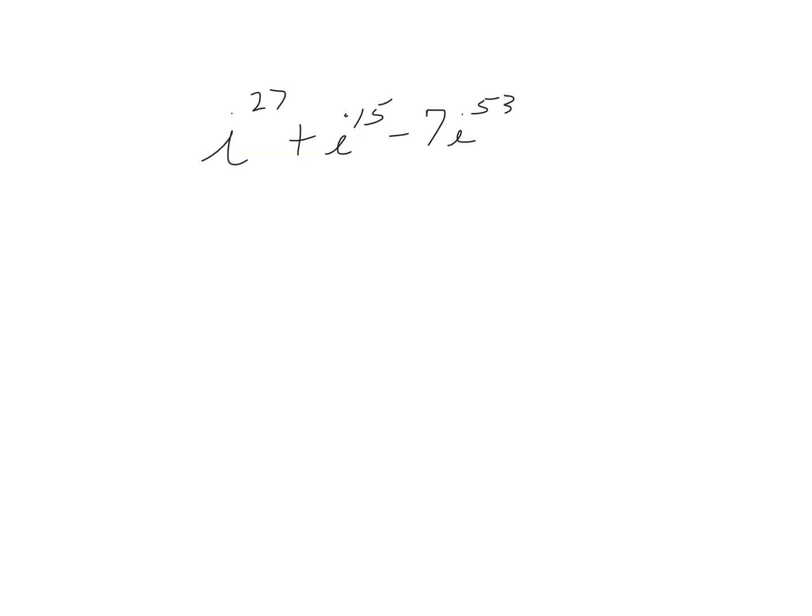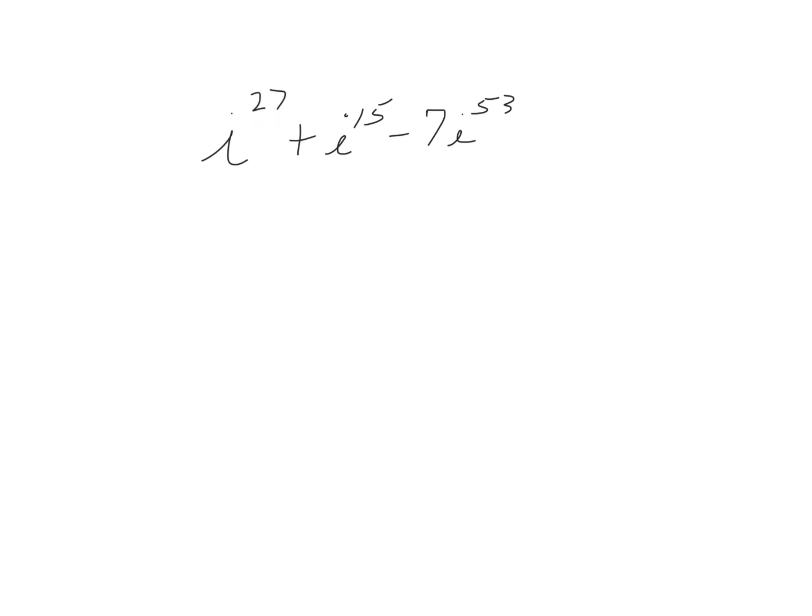Okay, in this one here, we're going to evaluate i to the 27th plus 1i to the 15th minus 7i to the 53rd. Okay, so remember, we're talking about these exponents. Well, for i to the 27th, we want to think about dividing that by 4. Well, 4 would go into 27, 6 times. 6 times 4 is 24.